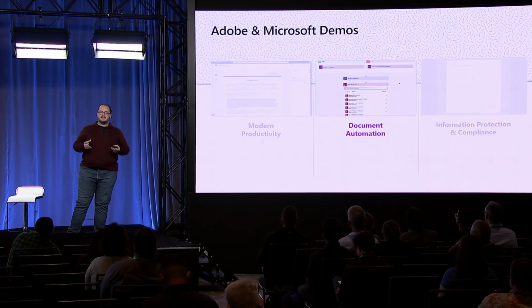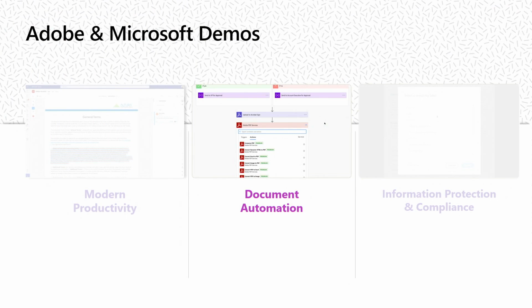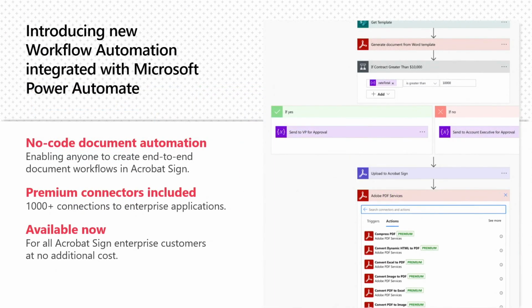The second area is document automation, and we have some really exciting things to share, because what we announced here at Microsoft Build is that inside of Acrobat Sign, we have workflow automation integrated with Microsoft Power Automate.